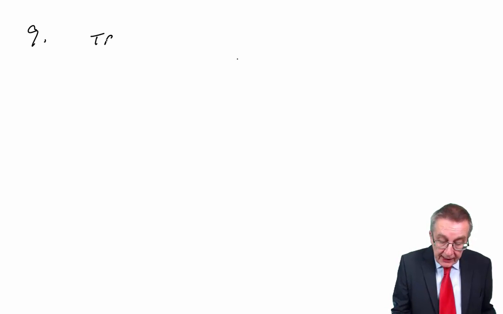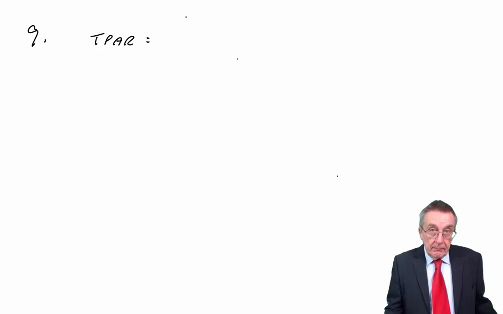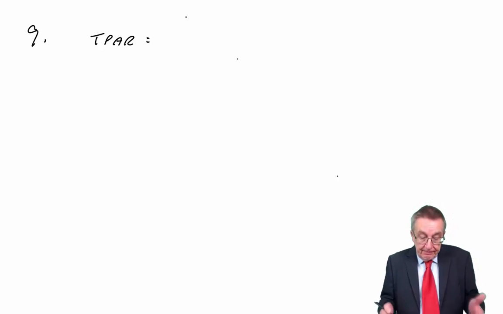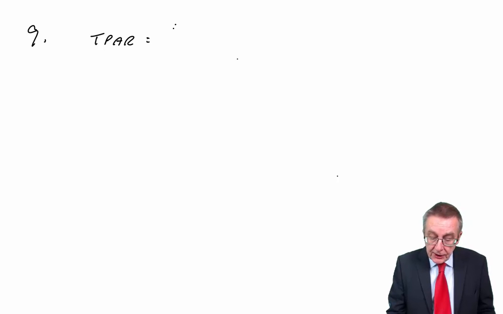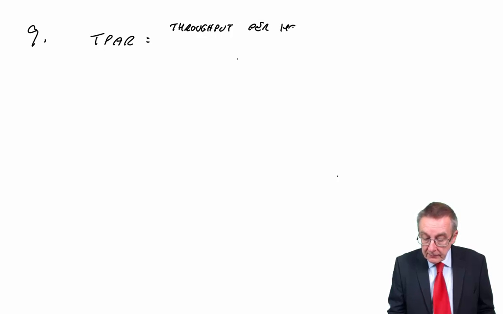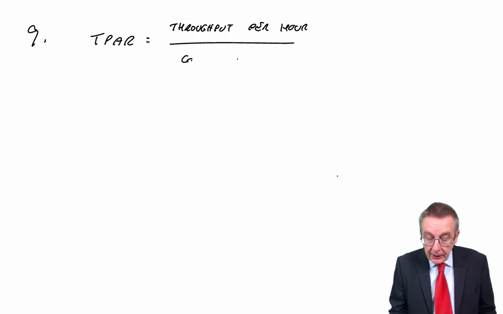All right, the throughput accounting ratio. You should have learned all the formulae, but throughput accounting ratio, it's the throughput per hour divided by the cost per factory hour.